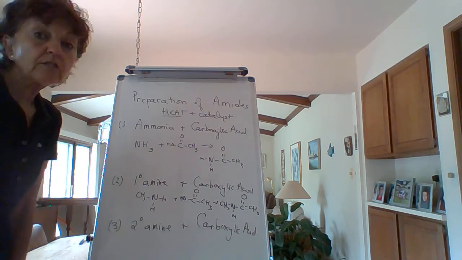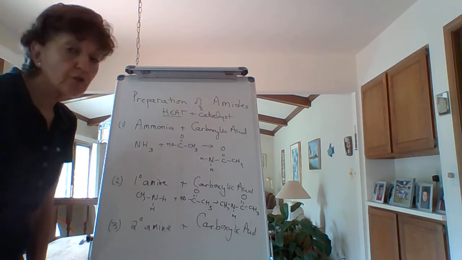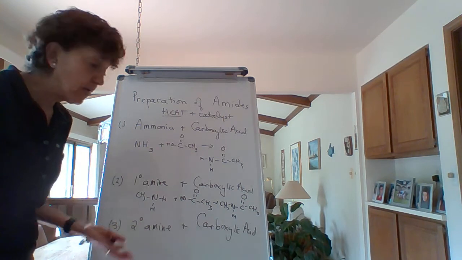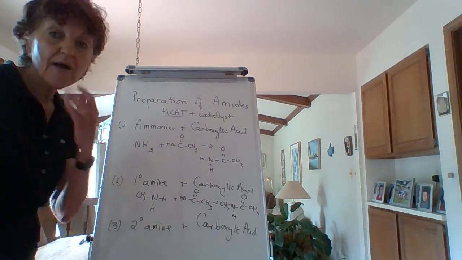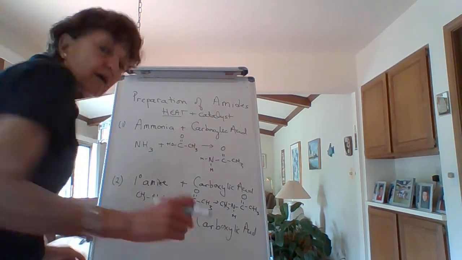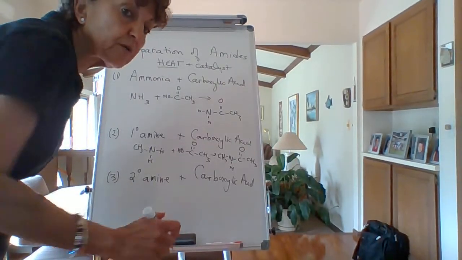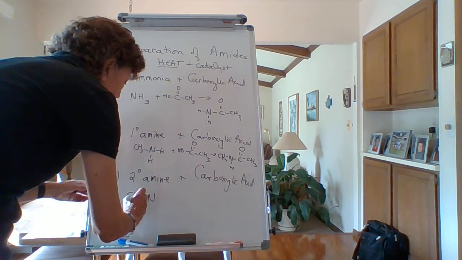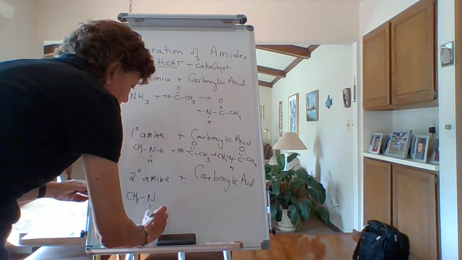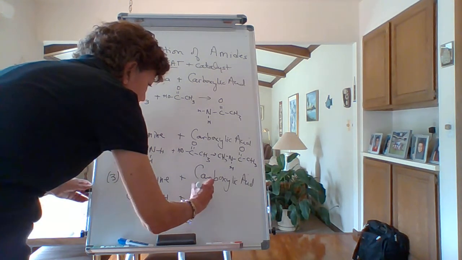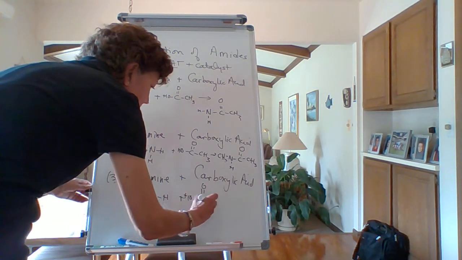And then finally, to create a tertiary amide, you need to start off with a secondary amine and react it with a carboxylic acid, removing an HOH. So I'm going to just tilt this here for a bit so you can see this. So I've got a secondary amine here. And then let's just do the same carboxylic acid.